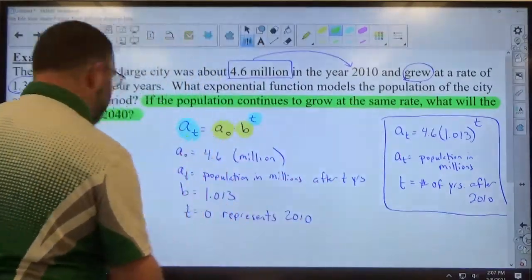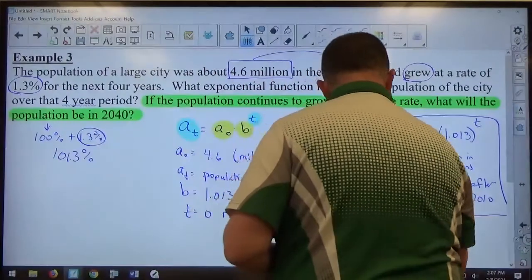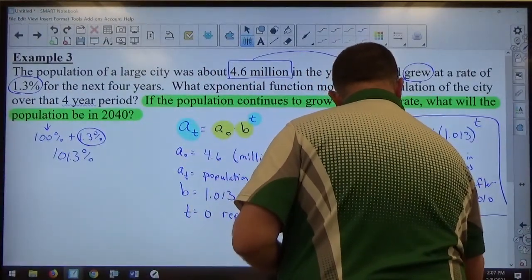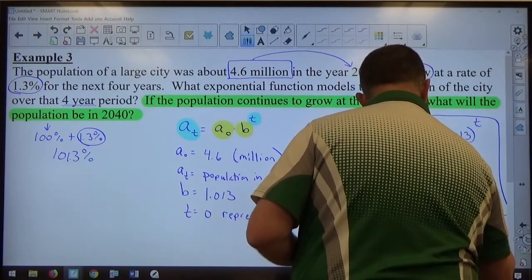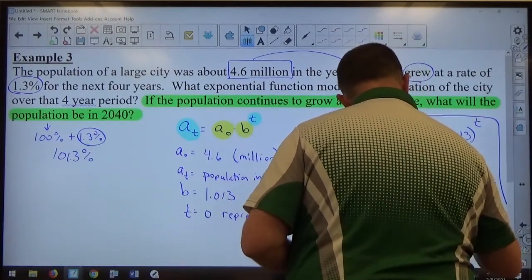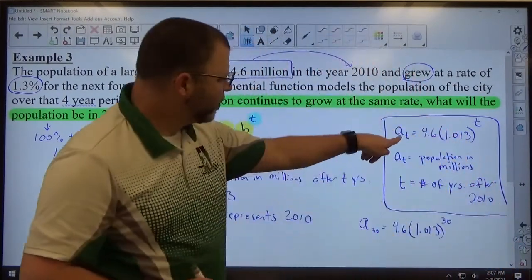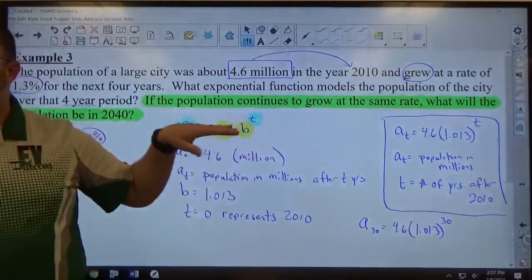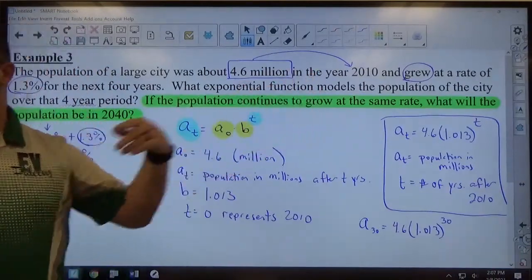So I'm going to come over here to my calculator, and to do part B, I'm going to say the population after 30 years is going to equal 4.6 times 1.013 raised to the 30th power. The subscript is t. So if you say a sub t, it's not wrong, but officially a sub 30 is what we're finding here when we let t equal 30.